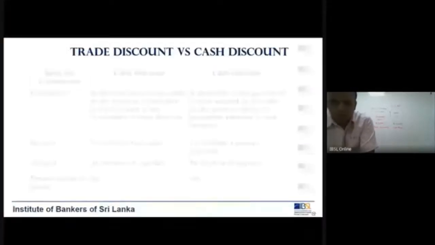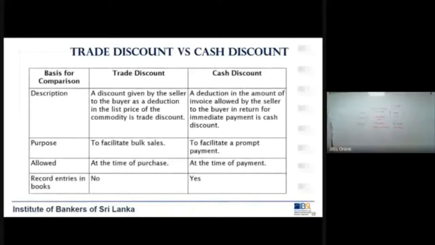So if we go back to the slideshow, you will see the trade discount. What is the description for the trade discount? A discount given by the seller, who is Abbas Company in this scenario, to the buyer, who is PQR Trading Company, as a deduction in the list price.